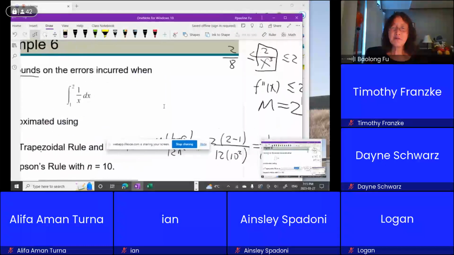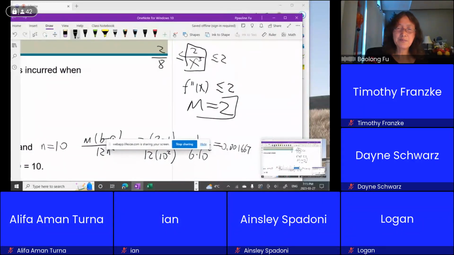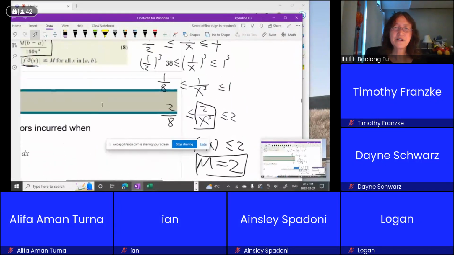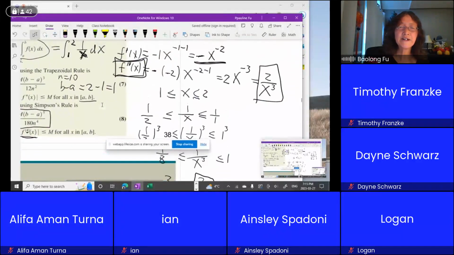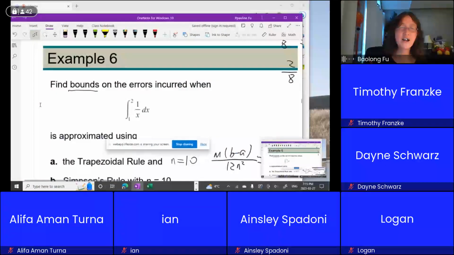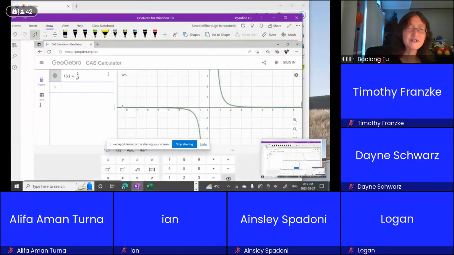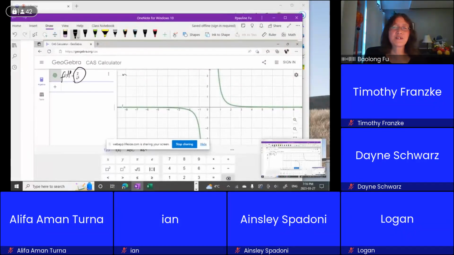So this is one way to find capital M. Another way to find capital M is to plug the second derivative function into software to draw a diagram. See, this is the second derivative, f double prime equal to this function.